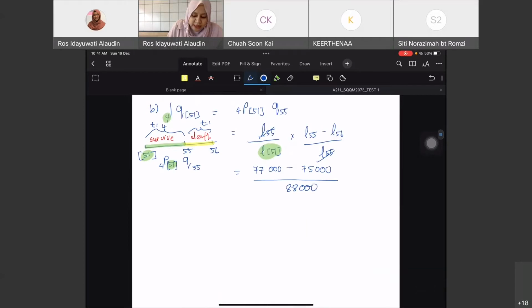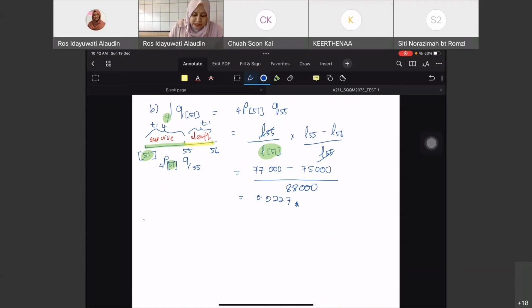So you will get 0.0227. Okay. Are you okay so far? Do you have any problems so far? Okay. I hope that you won't get confused anymore about the select life table.